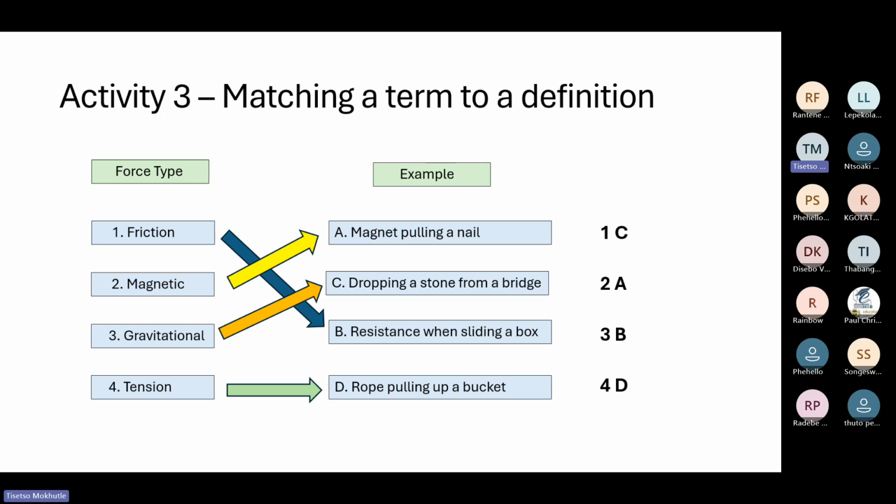Gravitational it's C. Magnetic, it's A. Friction, it's B. They're just mixed up. My apologies for that. And then the tension would be D. So the answer for friction is B. The magnetic is pulling a nail. Gravitational is dropping a stone from a bridge. Tension, a rope pulling up a bucket.